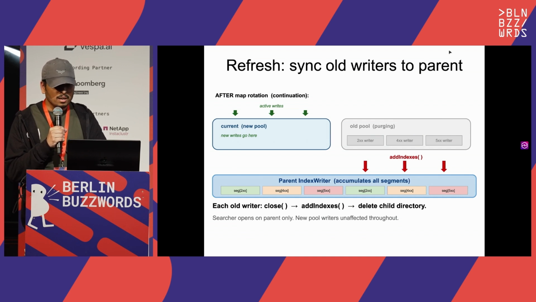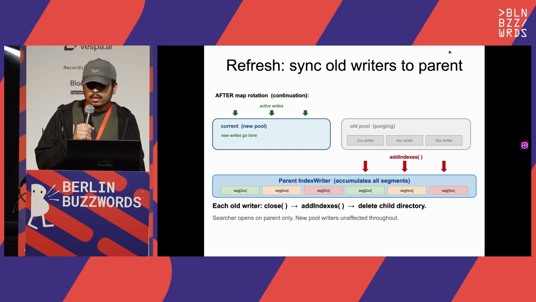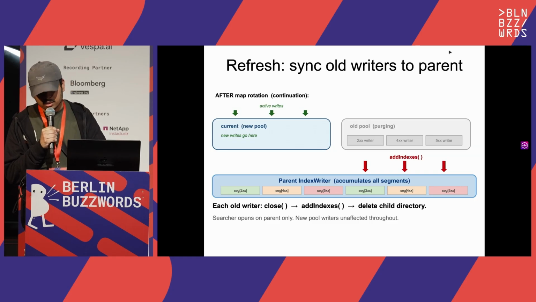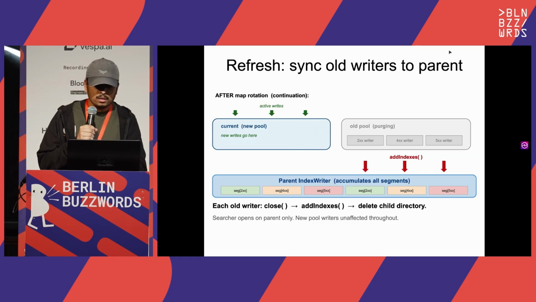Now let's look into another problem statement called updates, because in a real-world system, it's not only appends; a document can be updated as well. This introduces a new version consistency challenge across writers, which we will look into next.